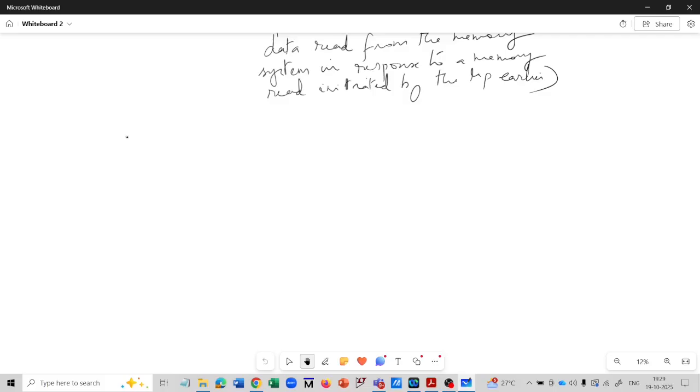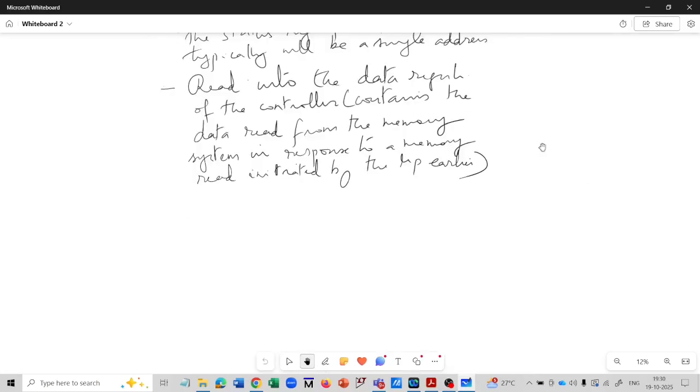But if it happens to be a register read, the corresponding signal of the register will be asserted, like SREG in the case of the status register and DREG in the case of the data register.